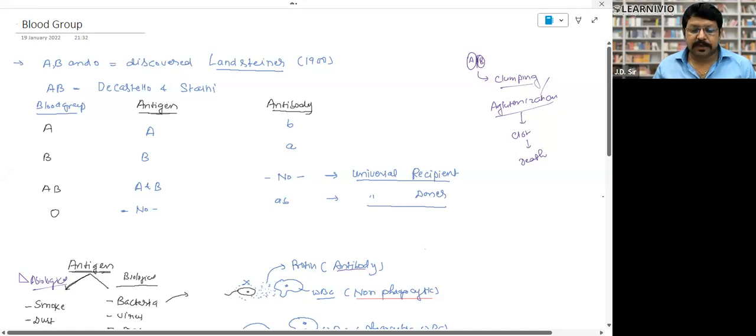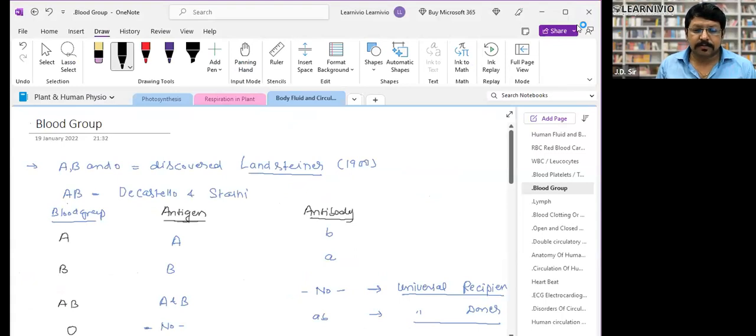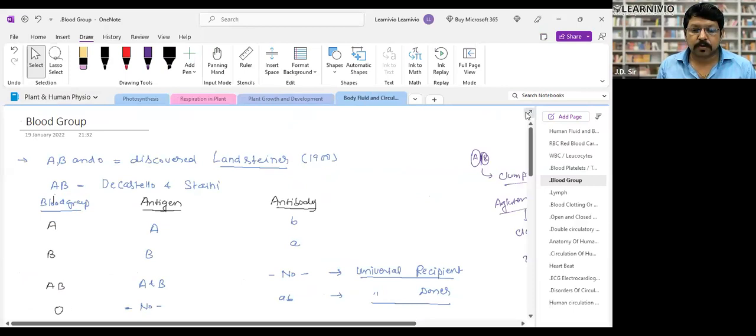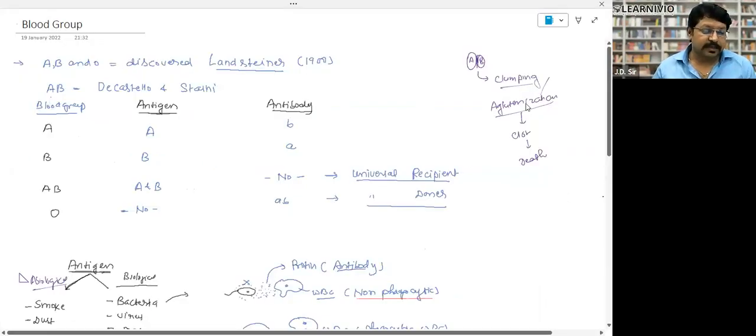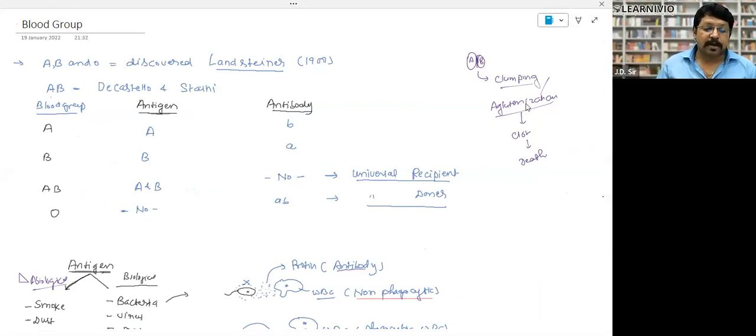In the last class, we discussed in detail what antigens and antibodies are. Now, O blood group is considered a universal donor. Why? Because it does not have any antigen on its surface.